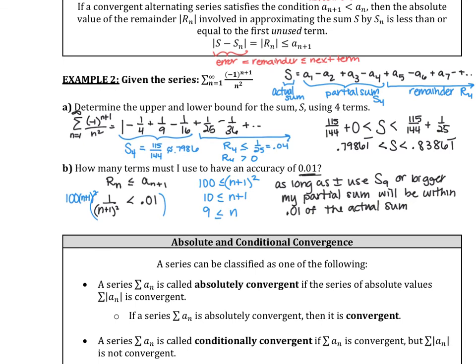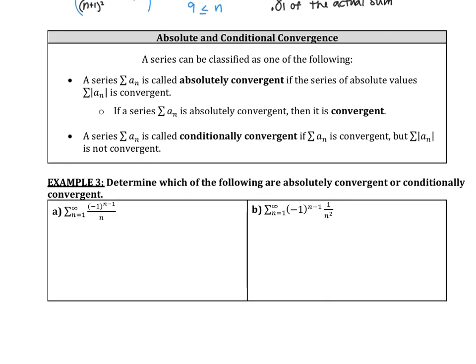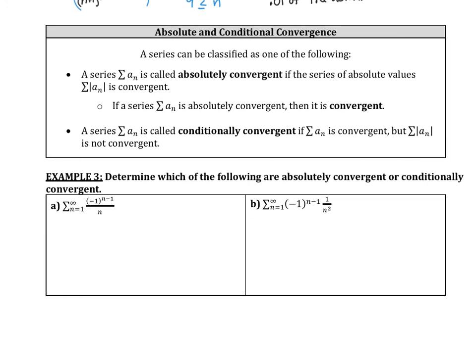Now there's one more topic that we need to talk about with alternating series, and that is absolute and conditional convergence. So a series can be classified as absolutely convergent if the series of absolute values is also convergent. And a series can be called conditionally convergent if the series of absolute values is not convergent.